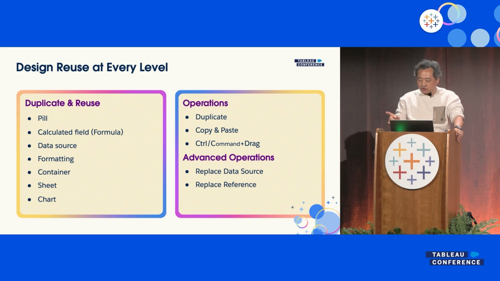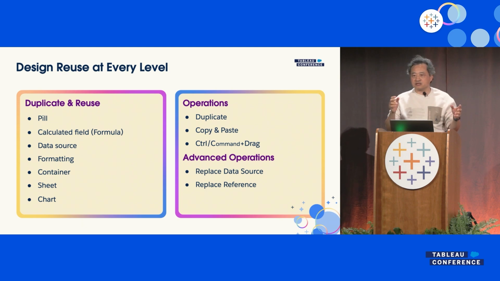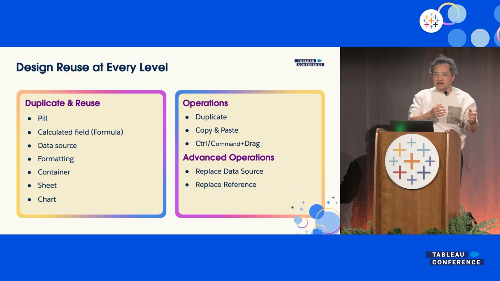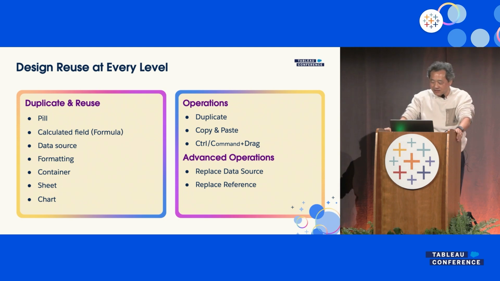The control and command drag is specifically for pills. All those pills on the rows and columns and the marks, like details, labels, text labels, color, you can control-drag it. That makes a live copy of the pill, and then you place it in another place in the same workbook.